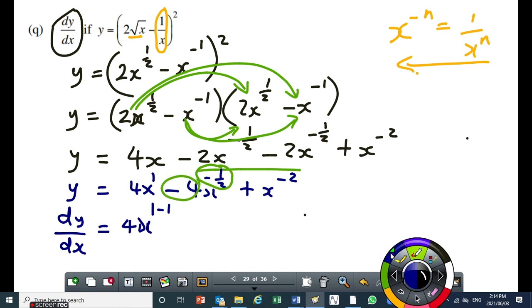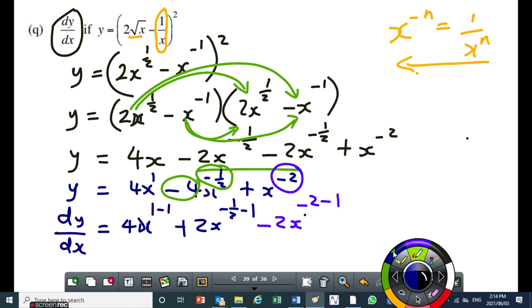So we get positive 2x to the power of minus a half minus 1. Then this minus 2 multiplies the coefficient of x, which is 1. So we get minus 2x to the power of minus 2 minus 1.